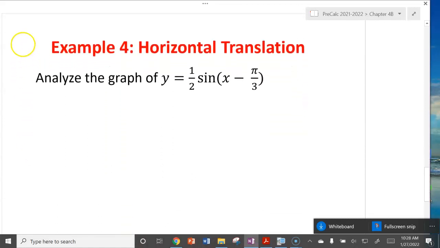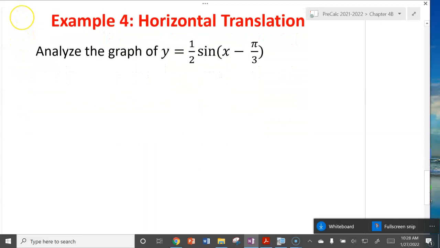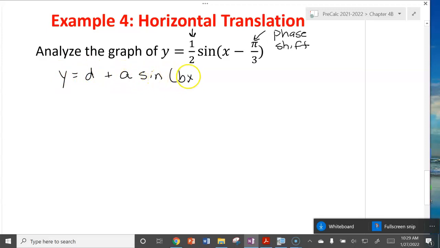Now the next one, this is getting a little bit more complicated because check it out. I have a change in my amplitude. I have 1/2, and I'm going to have a phase shift. So go back to the parent function. Y equals D plus A times the sine of bx minus c. So here, D equals 0.